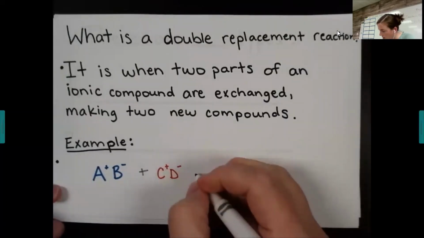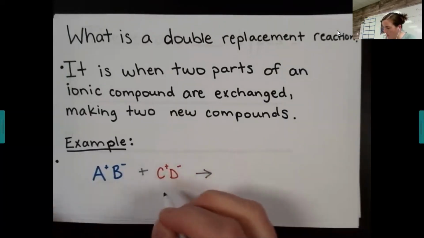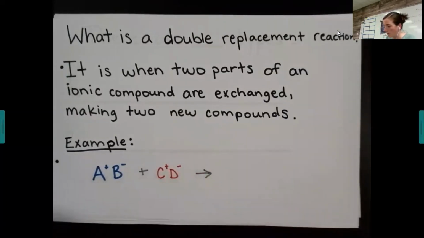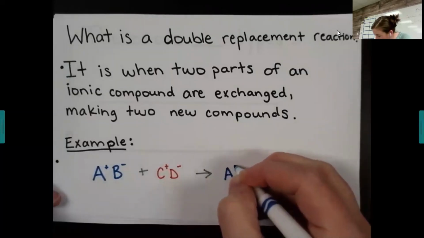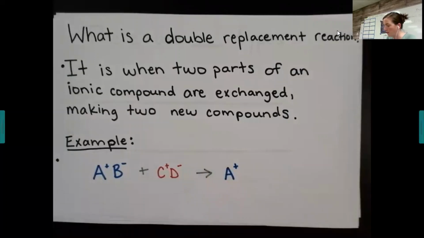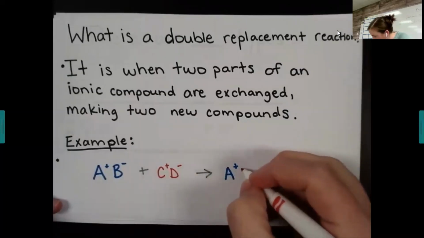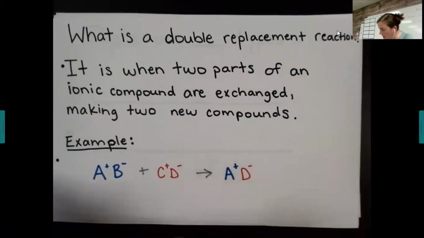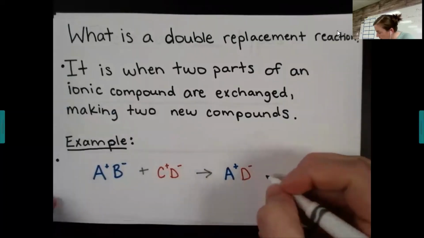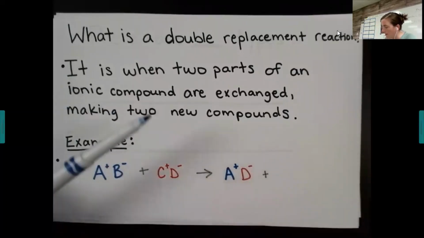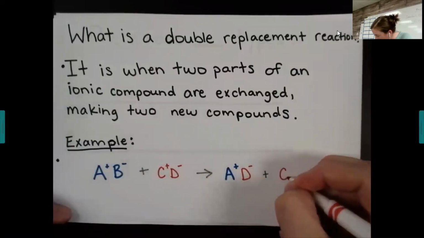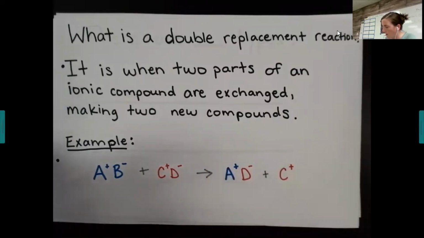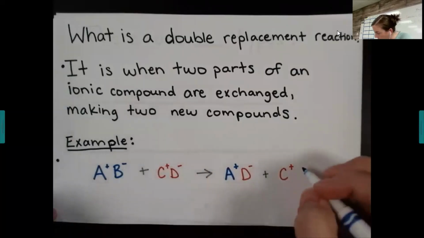So two ionic compounds that are switching their dance partners. Now A is going to be paired with D, and C is going to be paired with B.